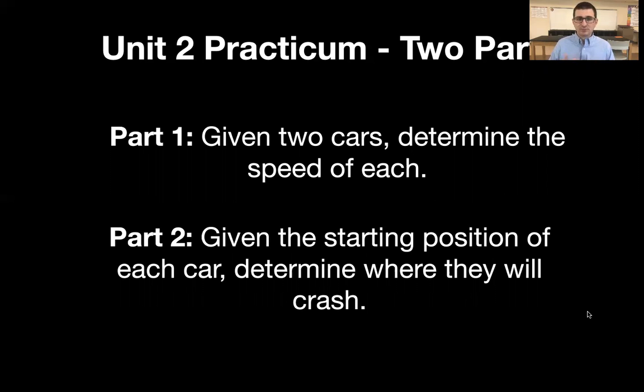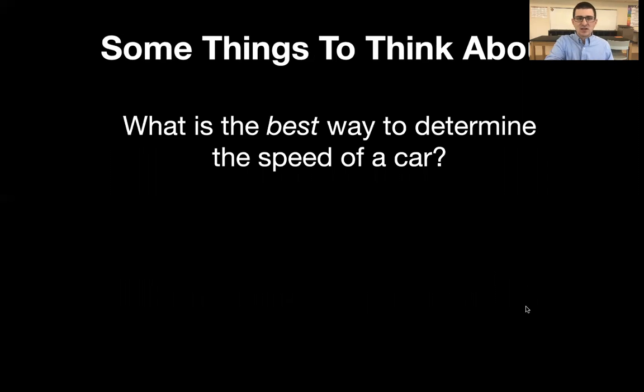So here are some things to think about to make sure that you're prepared to crush this practicum, because it's similar to stuff we've done in the past, but not exactly the same. One thing I need you to come to class really prepared to do a good job with is to figure out the best way to determine the speed of a car. A lot of people are tempted to say, well, if I can figure out how long it takes to go one tile, then I can do some math and then I have the speed.